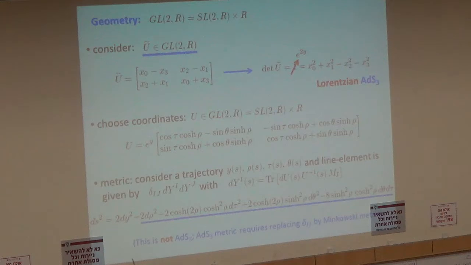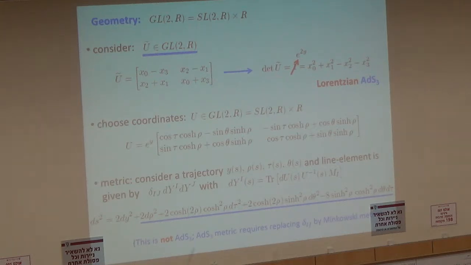I can get that metric over there, but that involves replacing the delta ij by some kind of Minkowski space metric. And what it amounts to is that's actually the natural geometry, or the group invariant geometry, which means it's the left-right invariant geometry. But what I built here is something that's only right invariant, and it's not left invariant.